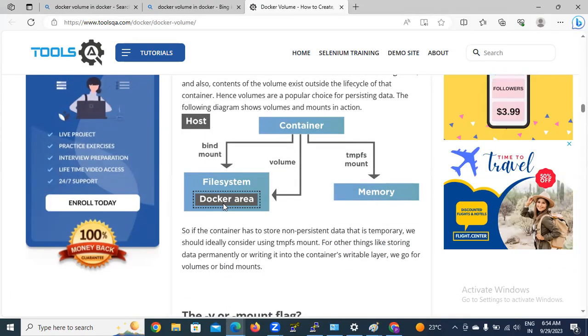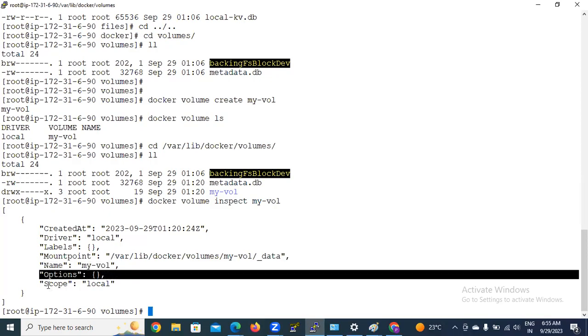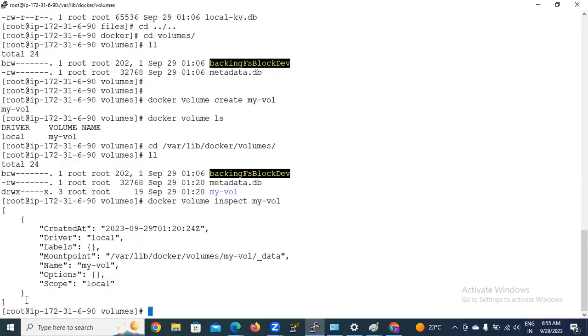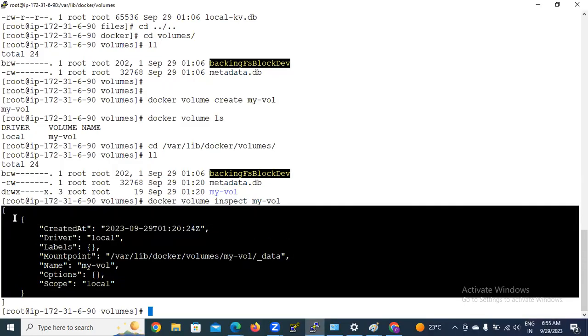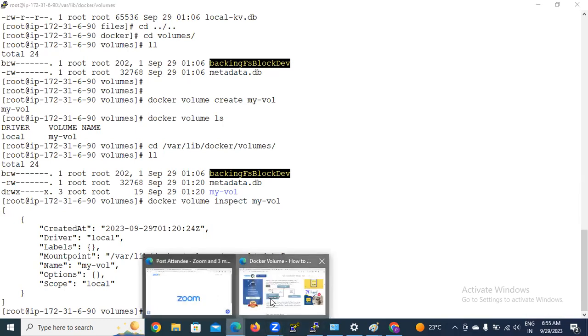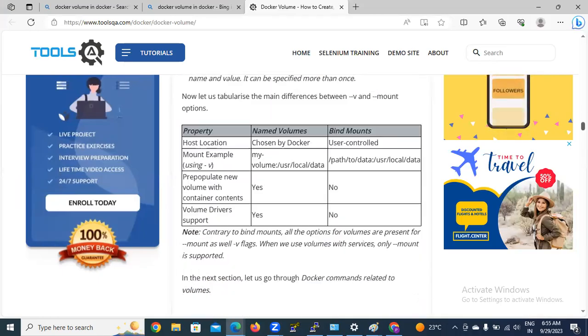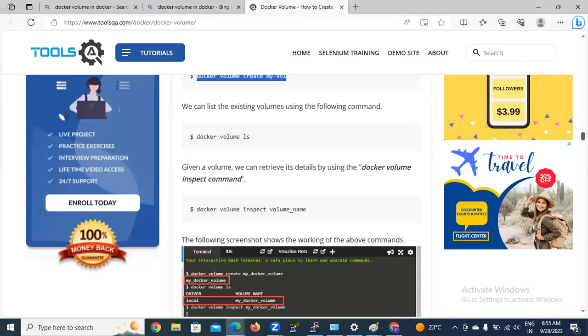Underscore data means Docker area. Make sense? And the name is the volume name. Options, no options. Scope local means you are creating this volume locally. So you can see all these details.